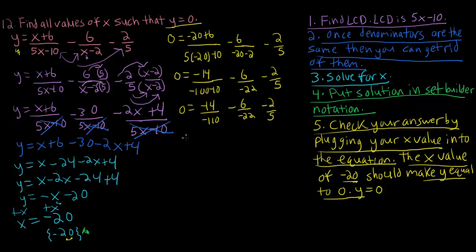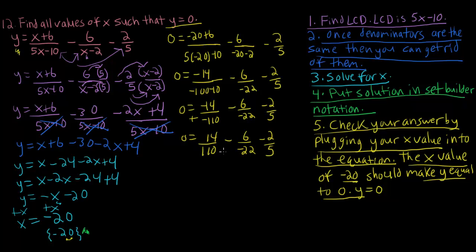And then right here, 14 over 110, well, both of these are negative signs, so a negative by a negative gives us a positive, so it's just positive 14 over 110 minus 6 over negative 22 minus 2 over 5.